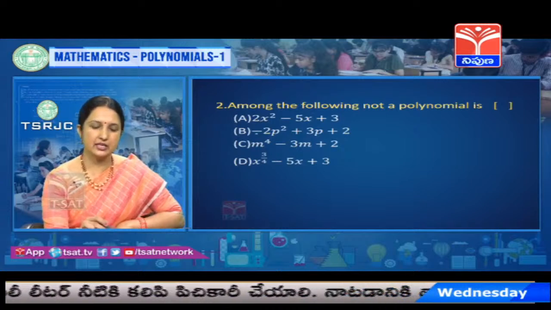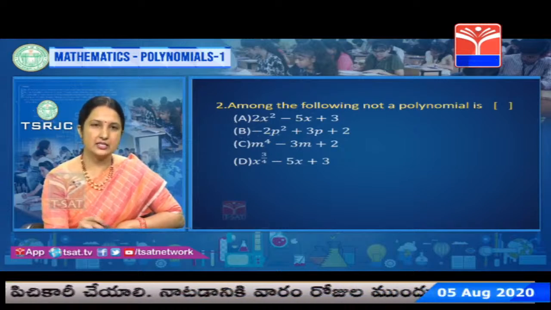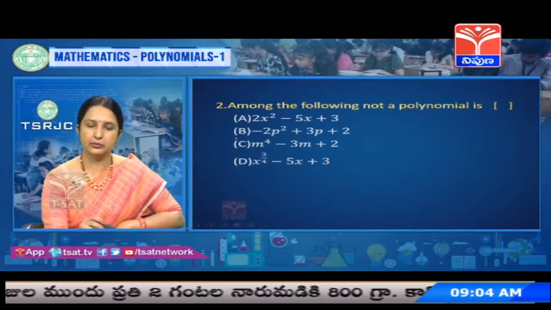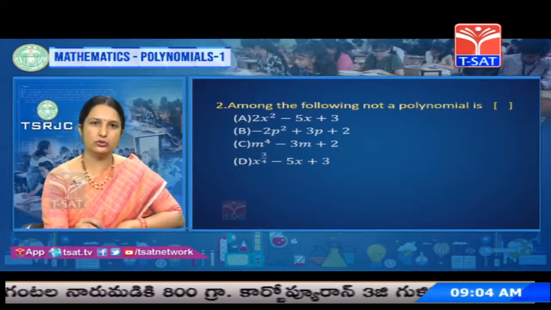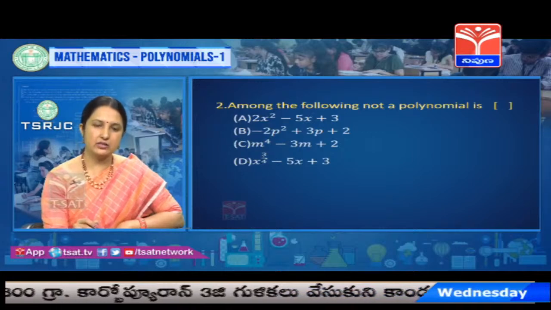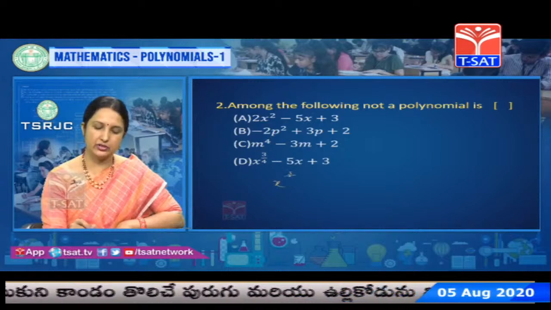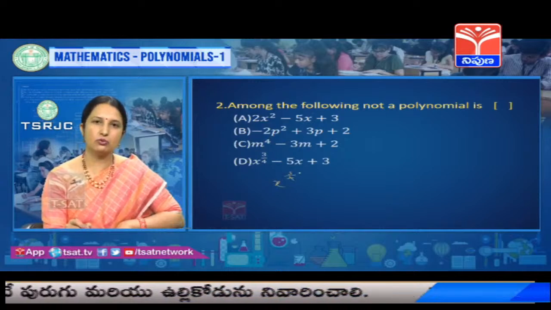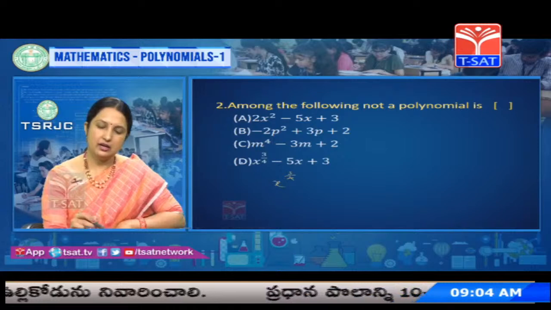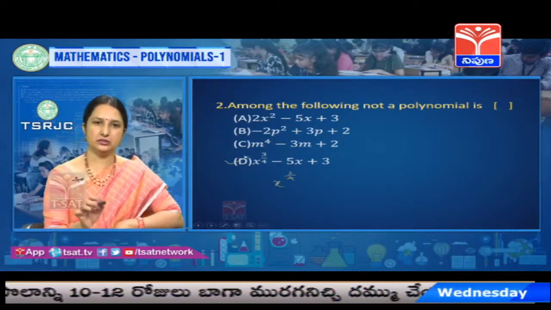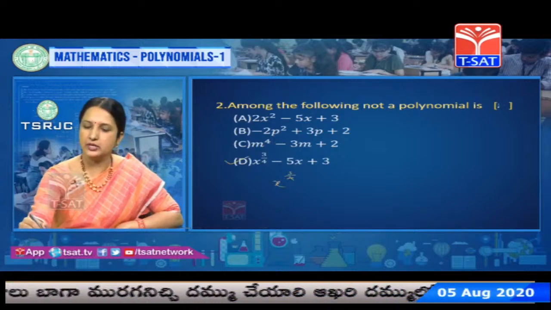So, the first one is a polynomial. The second case also is a polynomial. The third case is also a polynomial. But when it comes to the fourth option, in the power a rational number, x power 3 by 4, is given. 3 by 4 is a rational number. So, option D is not a polynomial. You have to select option D.